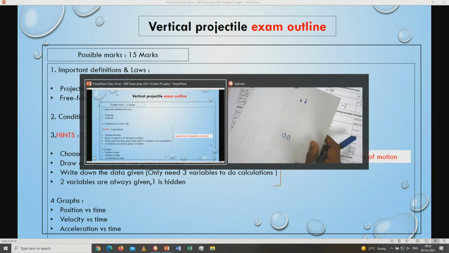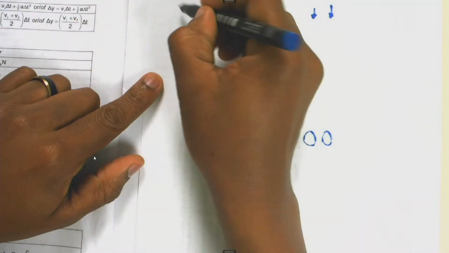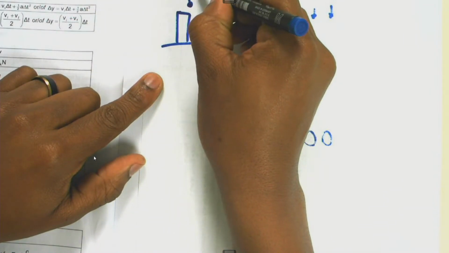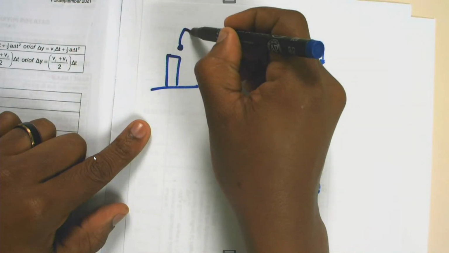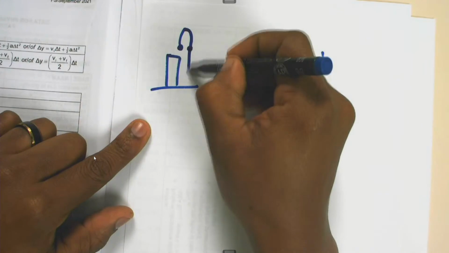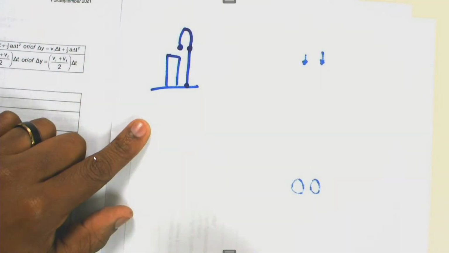What do we mean by drawing the trajectory? All I'm saying is, if you are given a statement that a ball from a certain height was thrown vertically up and then came down past the starting position and then somehow it hit the ground.